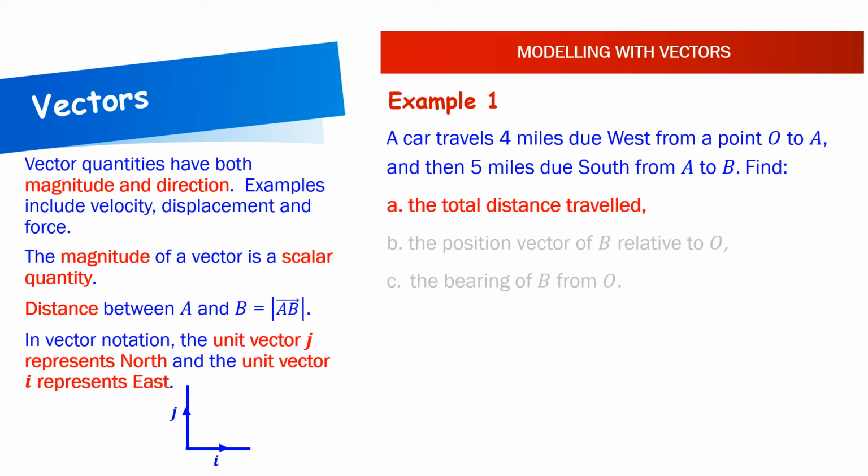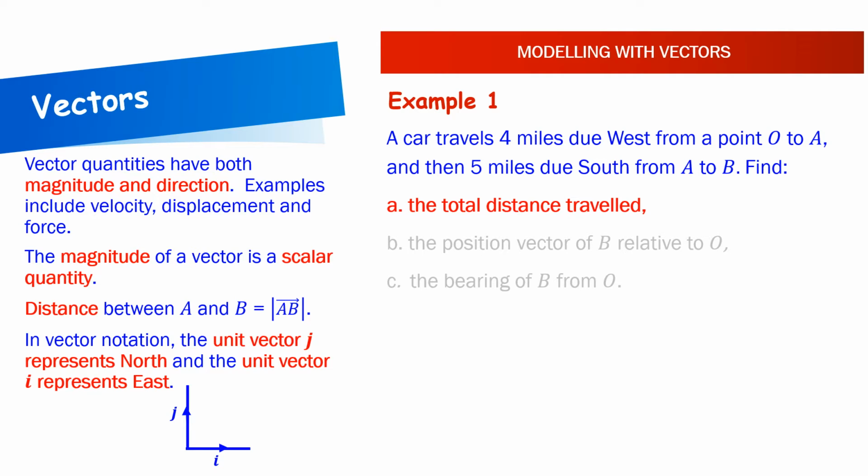So let's solve example 1a first. A car travels 4 miles due west from a point O to A, and then 5 miles due south from A to B. Find the total distance travelled.